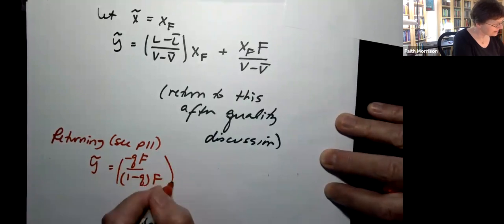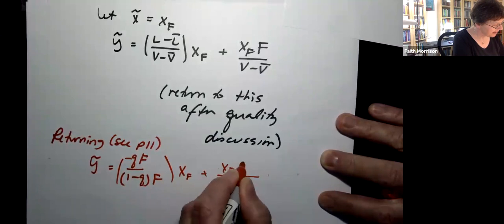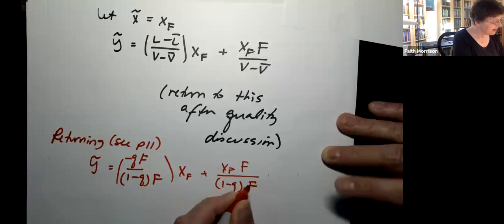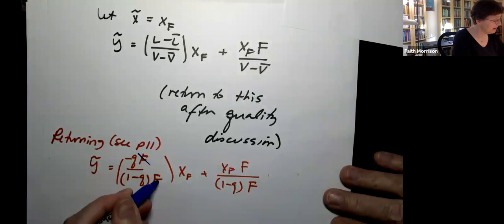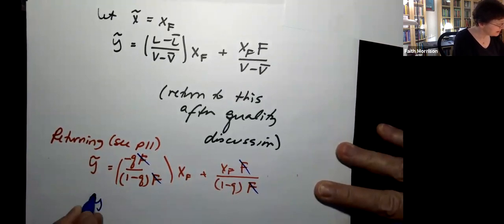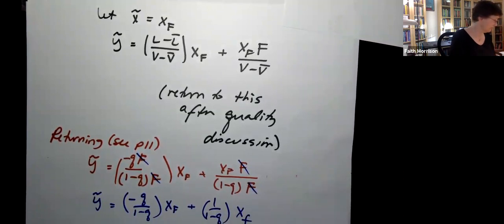And that's all times XF plus XFF. V minus V bar is again 1 minus QF. And this is going to simplify quite nicely. So these F's all cancel. And we get that Y tilde equals minus Q over 1 minus Q XF plus 1 over 1 minus Q XF.